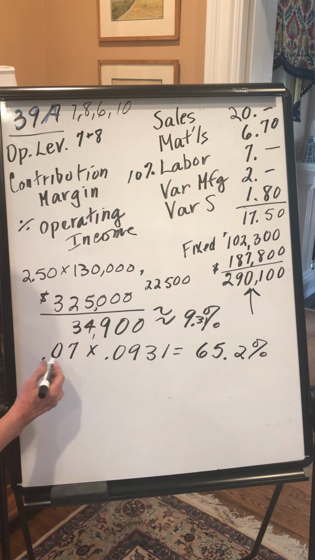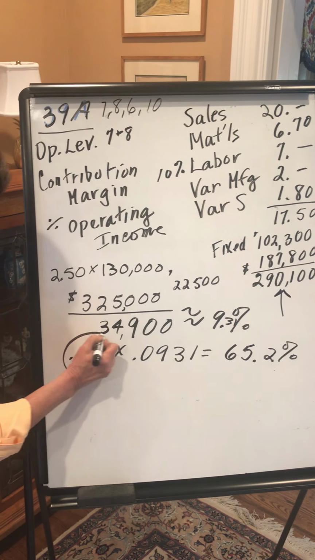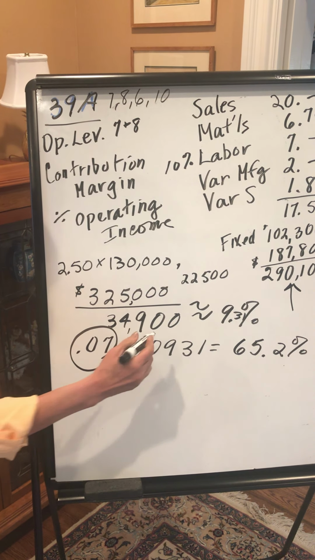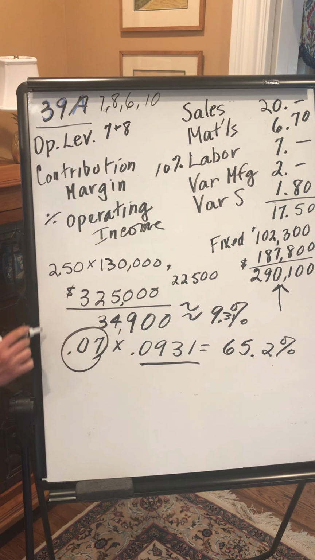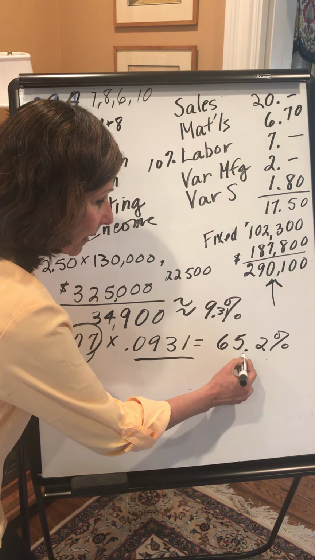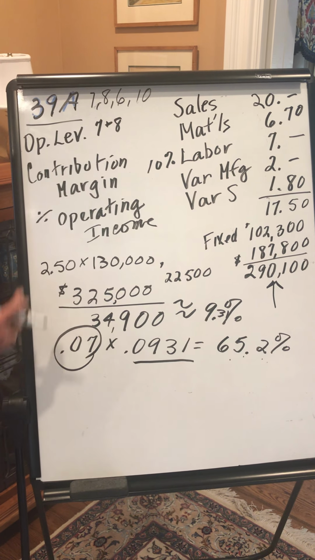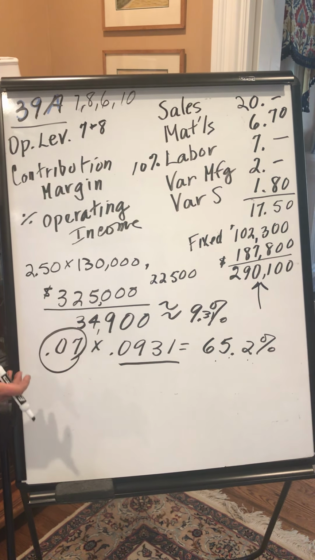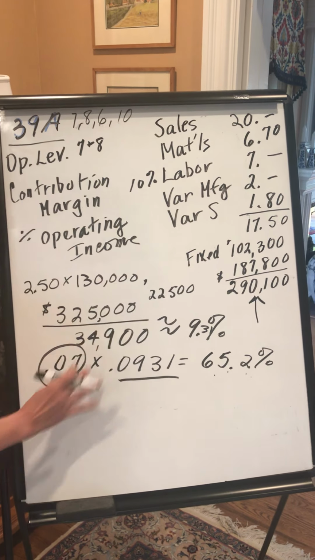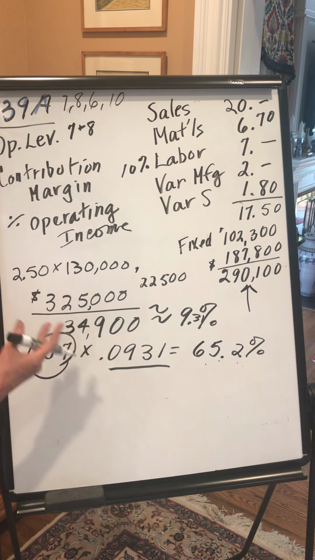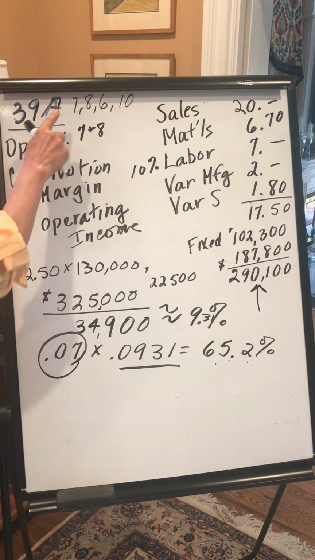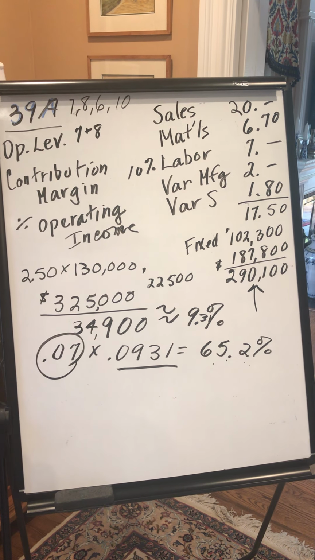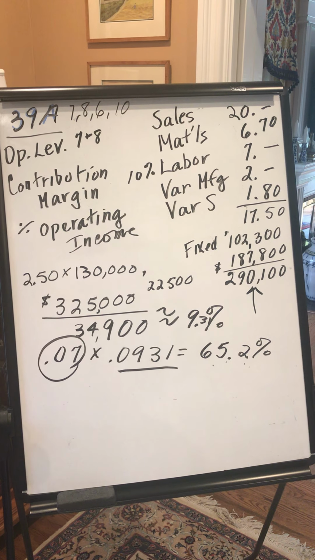So again, if sales go up by 7%, and we already have our operating leverage factor, operating income will go up by 65%, which is very nice. Obviously, they're covering their fixed costs. So now all the sales that they're making are very profitable. So that's the answer to 7 and 8.